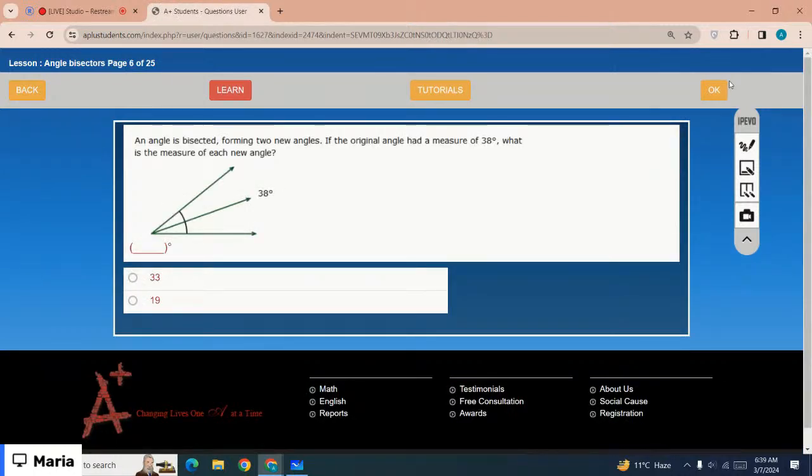An angle is bisected, forming two new angles. If the original angle had a measure of 38 degrees, what is the measure of each new angle? So, which is the correct option?